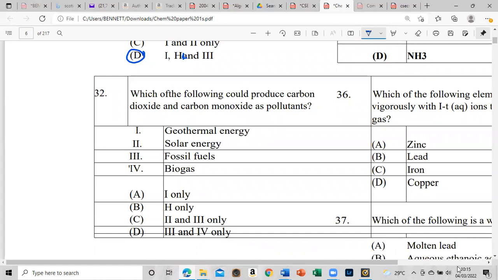Which of the following could produce carbon dioxide and carbon monoxide as a pollutant? Is it geothermal energy, solar energy, fossil fuel, or biogas? So which of these? Definitely fossil fuel and biogas. So that leaves us with D. Let's move on to 33.